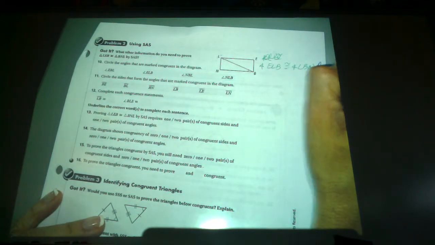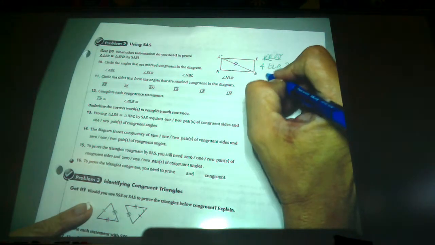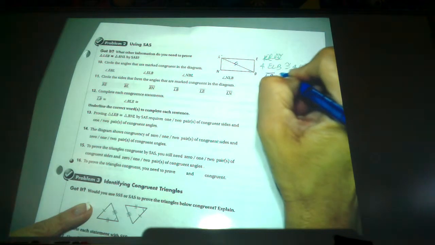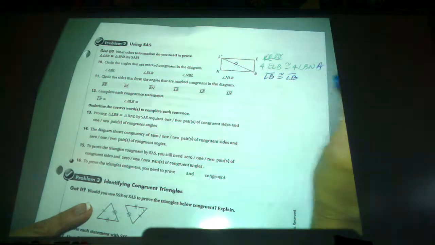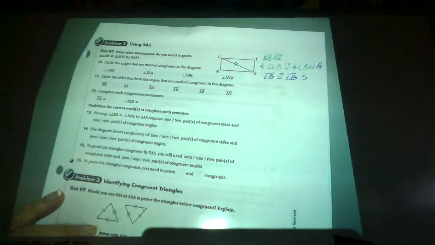So that's an A. Then what else in the picture can you prove is congruent without any help? Very good. So we can prove that segment LB is congruent to segment LB all by ourselves with no hints. So with an A and an S, what else do I need?